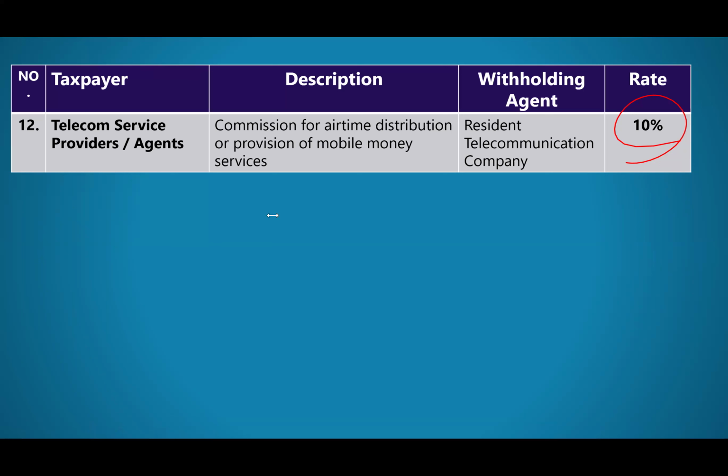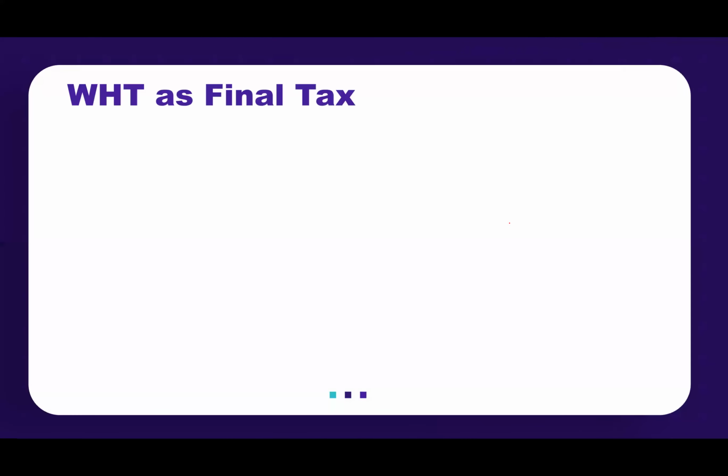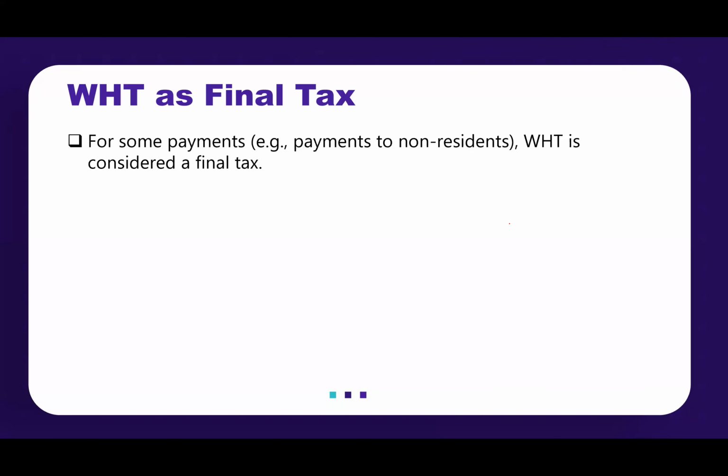It's a long list I'm going to be showing you on the return, but these are the most common ones, some of those that you're going to find clients want you to help them manage. So that takes us into withholding tax as a final tax. Now, as I've mentioned, withholding tax is tax you paid in advance.